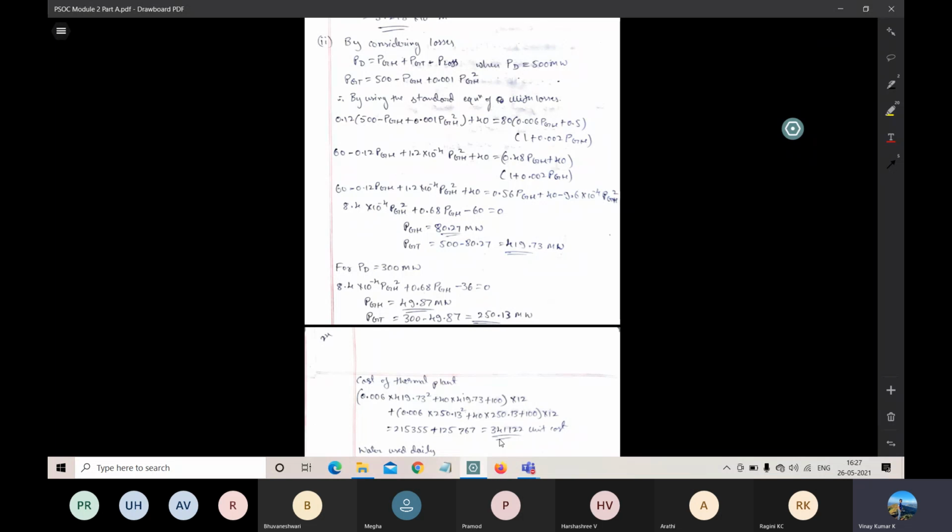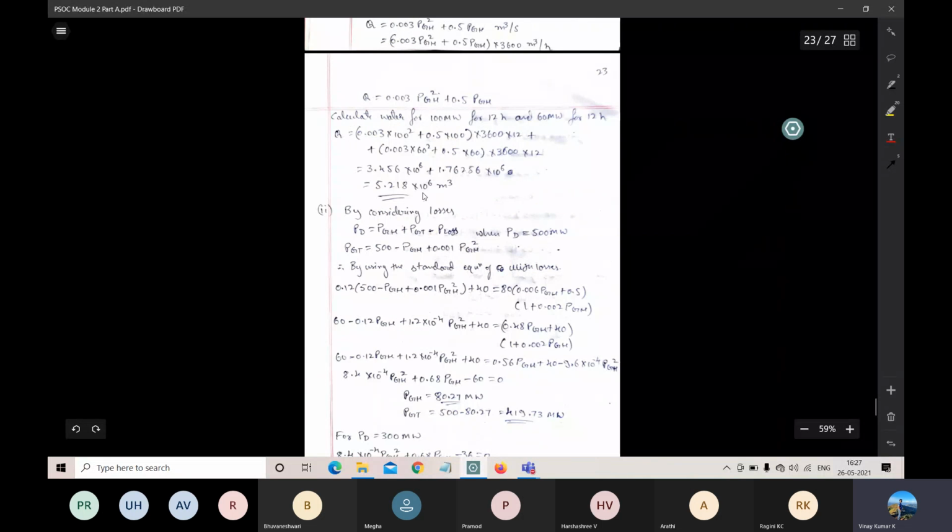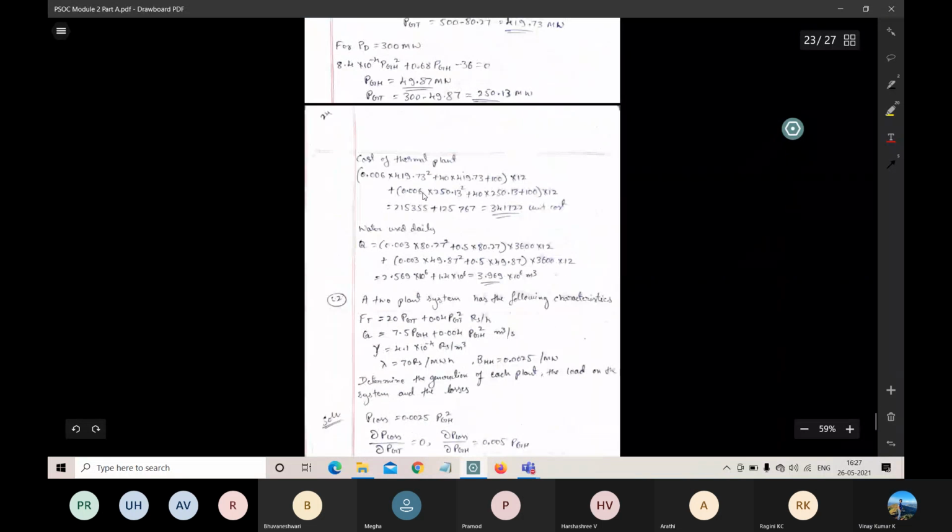As the losses increase, the amount of power required will increase. Total requirement of power will increase. And similarly, the availability of water here is 5.218 into 10 raised to 6 meter cube, and here 3.96. If you consider the losses, a large amount of power will be wasted in the losses. So that is the thing.